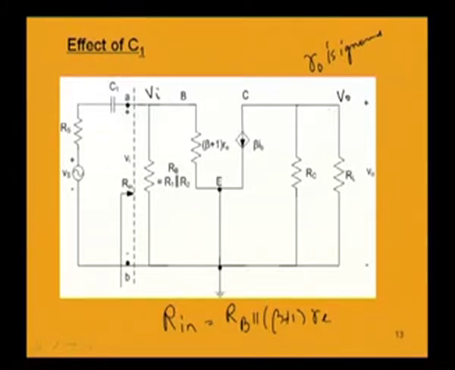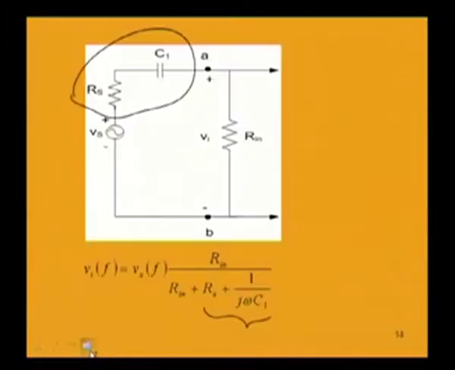In between V naught and Vi there is nothing, no capacitance, only the circuit is just similar to the mid frequency region circuit. So this ratio is same as the voltage gain V naught by Vi for the amplifier in the mid frequency region.